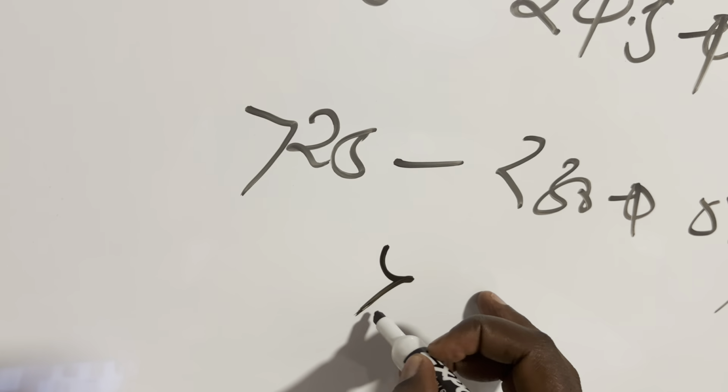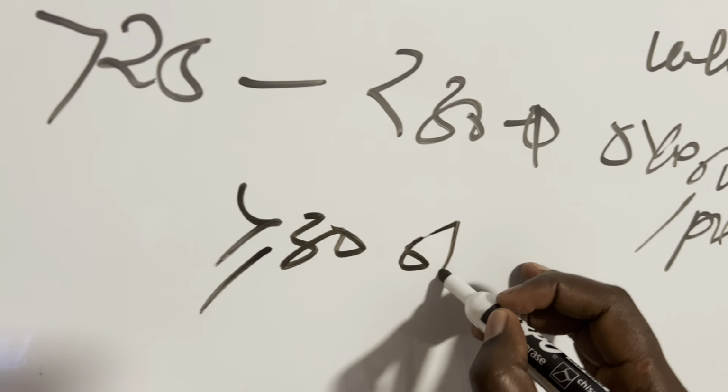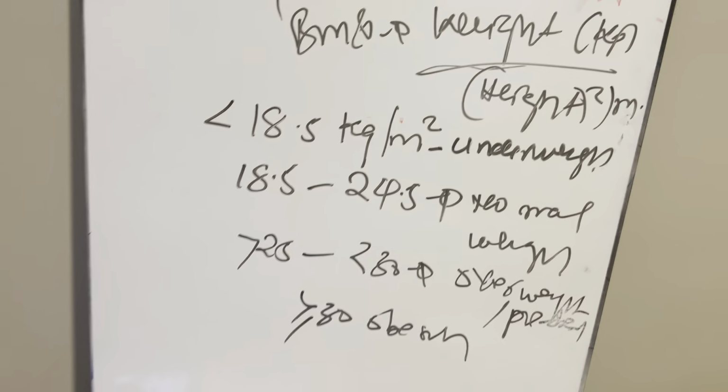And 30 and above is obesity, so abnormal.